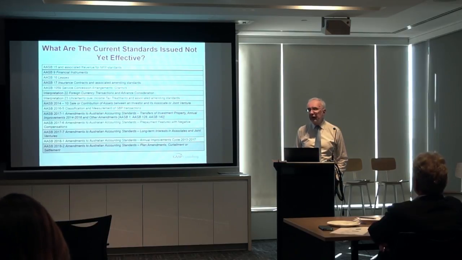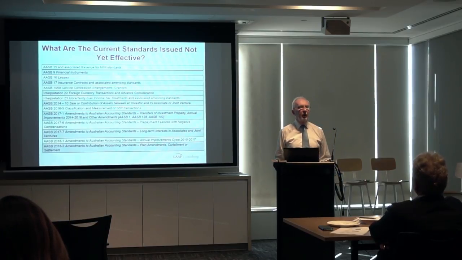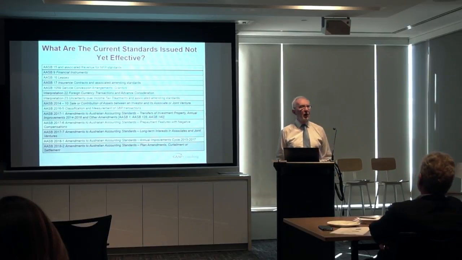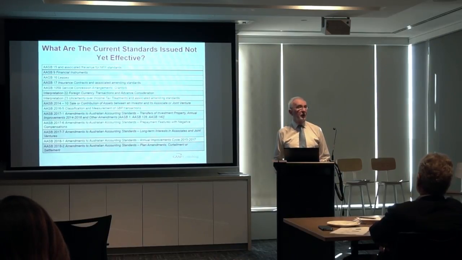And probably the best example of that is the leasing standard, because under our existing standards, we have to disclose in the financial statement notes our commitments to operating leases. So as a surrogate for the new standard, I can at least say, well, look, under AASB 16, we're going to recognise operating leases as a right of use.